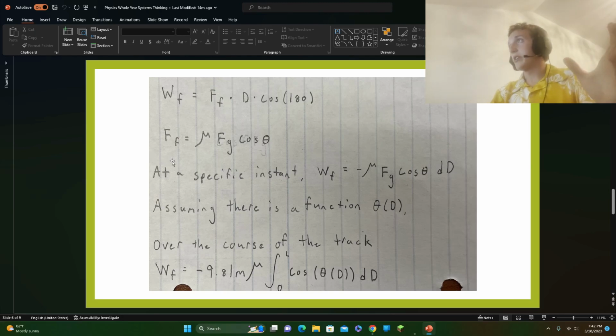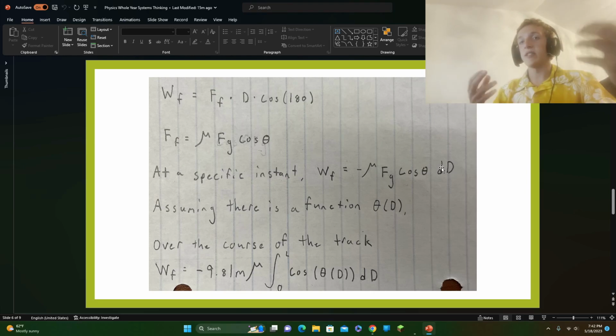So then we know that the force of friction is equal to mu times the normal force, and the normal force is the force of gravity times the cosine of theta, which means that at a specific instant, the work of friction is going to be equal to the cosine of 180, which is -1, times mu, which is the coefficient of friction, times force of gravity times cosine of theta, times the distance that it travels in that instant.